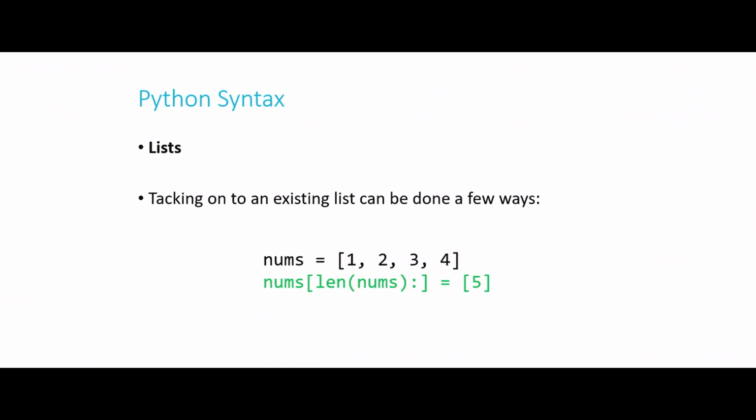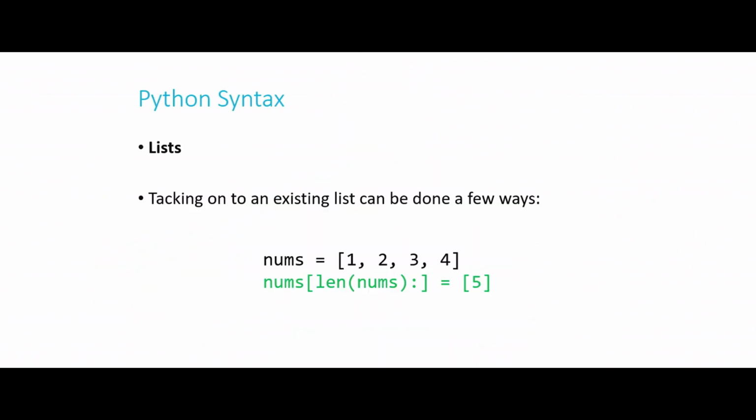This also does the same thing. nums[len(nums):] = [5]. A little bit weirder, but basically what we're doing here is we're creating another list, effectively, and we're splicing it on to the one that exists before.